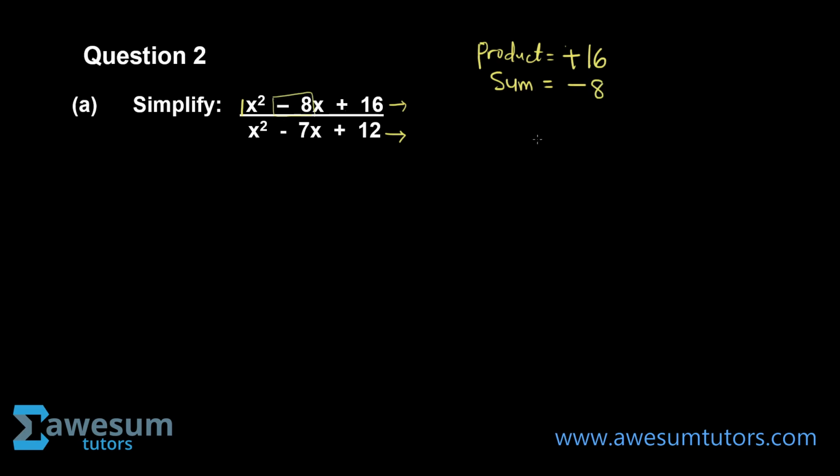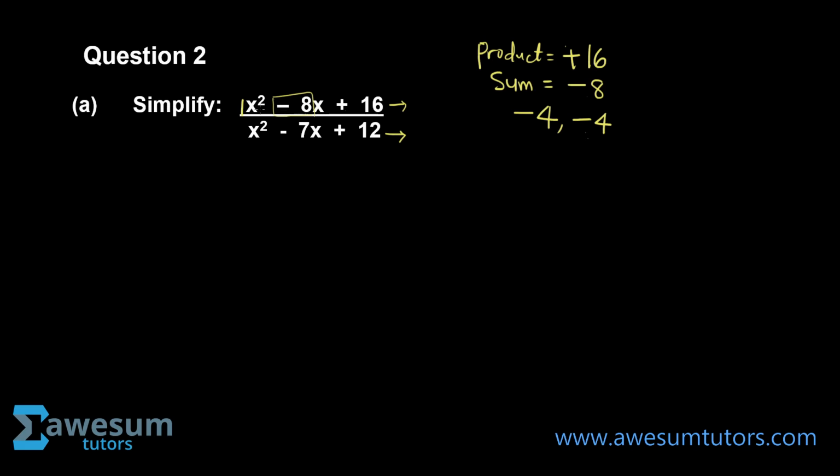So I need two numbers that when I multiply together give me plus 16, and when I add together give me minus 8. If you take note, those two numbers could be minus 4 and minus 4, because minus 4 plus minus 4 gives me minus 8, and minus 4 times minus 4 gives me plus 16. Very good.